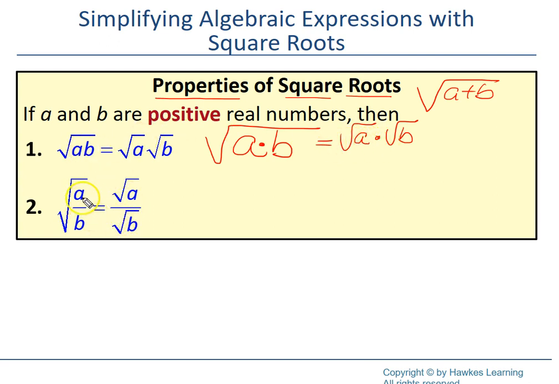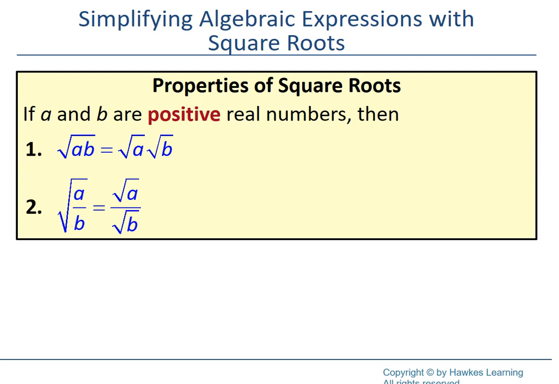And we mentioned this earlier, that you could take a fraction that's under a radical sign and divide it into the two parts. So we said that was legal. Okay, some background.